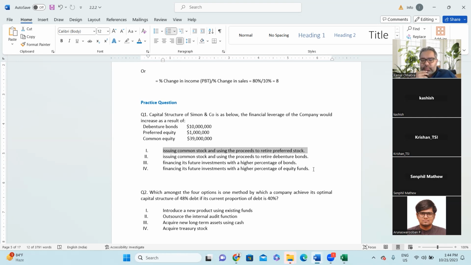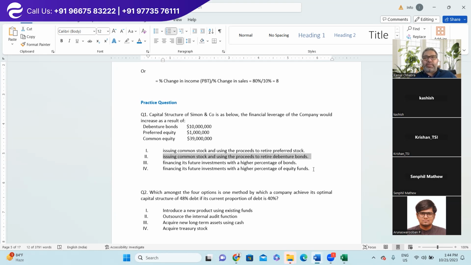It is on account of financial cost. Finance cost comes from interest, right? Interest will come from debenture, or you can say bonds or loans. So will that impact your financial leverage? No, the first one will not impact, because it's not included; interest and the debt are not included in this.